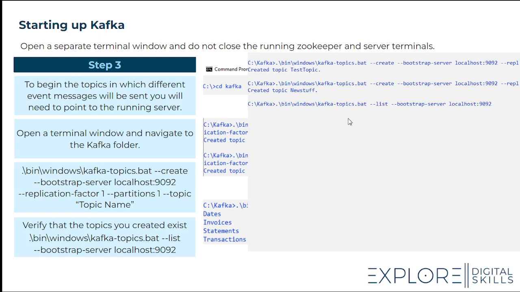So you're not creating, you're not deleting yet. You just want to list the different kinds of topics that you actually have, right? So you would say dash dash list space dash dash bootstrap-server localhost 9092. And I want you to tell me how many topics I have. So if you run that, it will then tell you all of the different topics that you have.